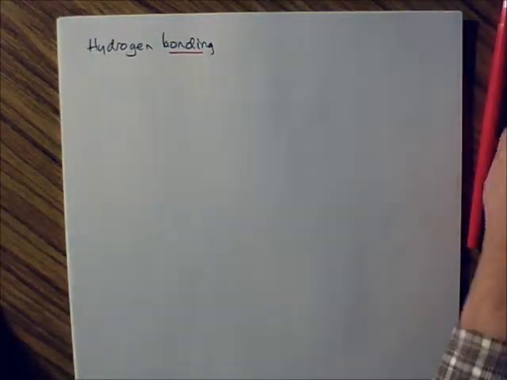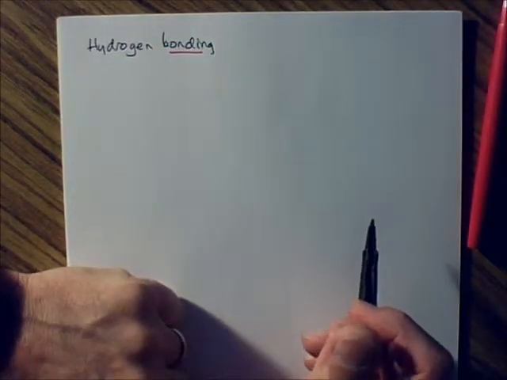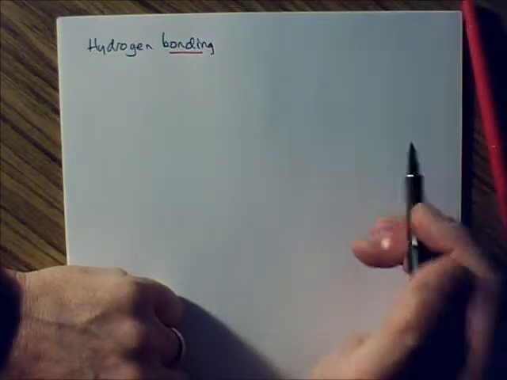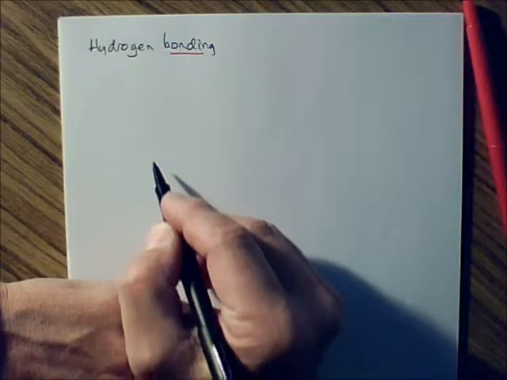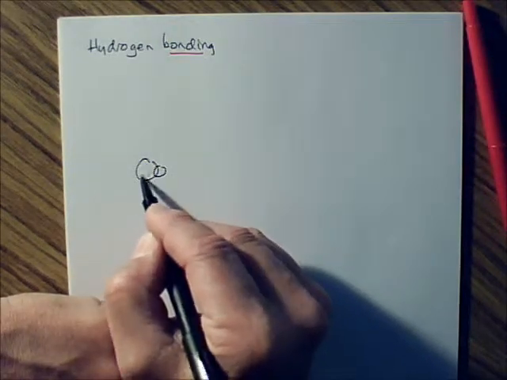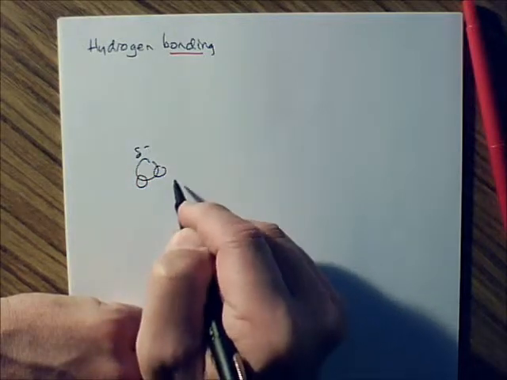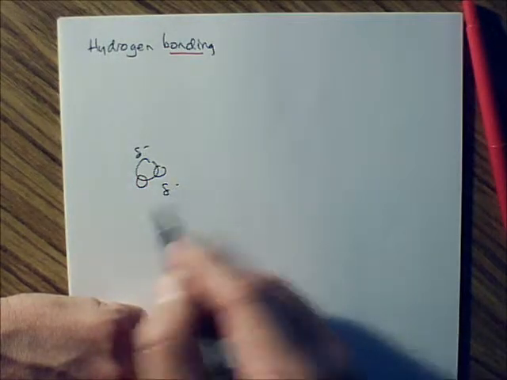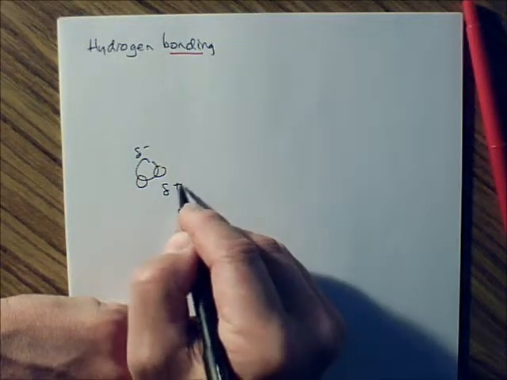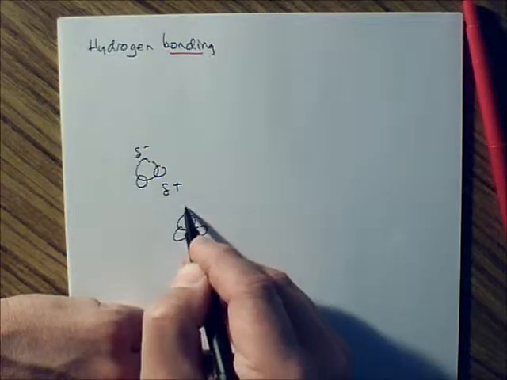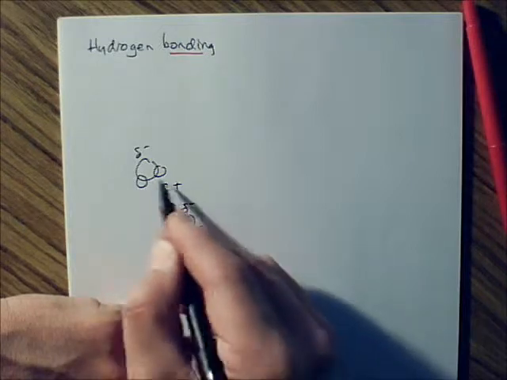We said polarity is an attraction between molecules, right? Or it causes an attraction between molecules. So one water molecule, which has two hydrogens on it, and has a partially negative end on this side and a partially positive end on this side, should be attracted to another water molecule where the partially negative end is pointed that way.